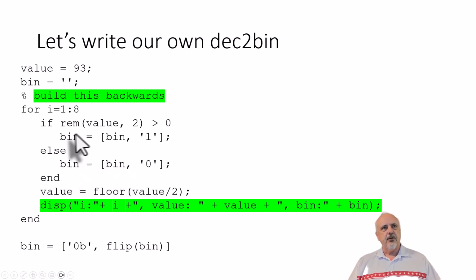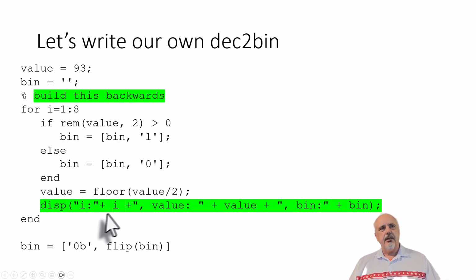And then after I do that part, I'll update the value. I'll take the value that I had, first time through 93, divided by 2. That's going to be 46.5. When I floor that, I get 46. So value is going to be 46 on the first time through before I increment I to 2.